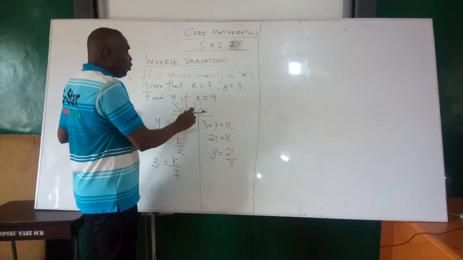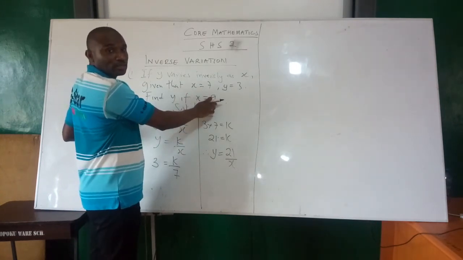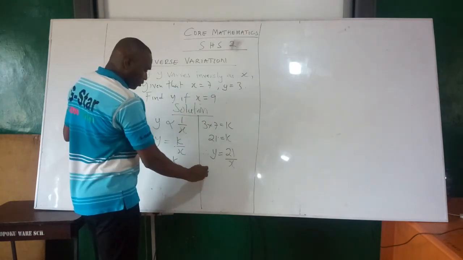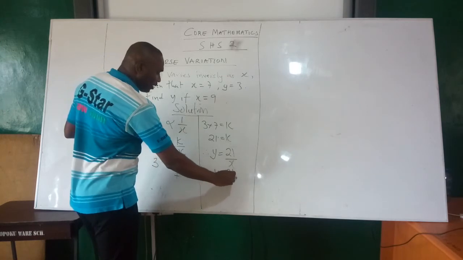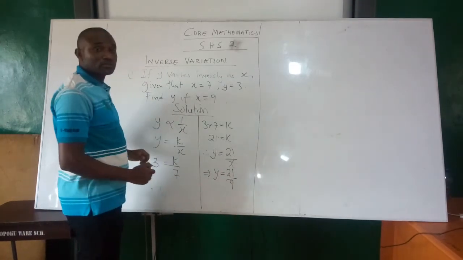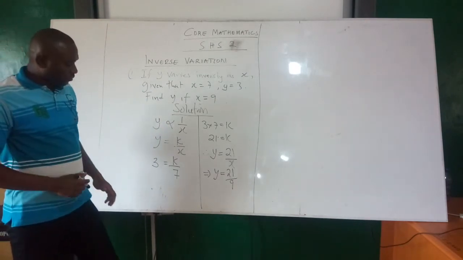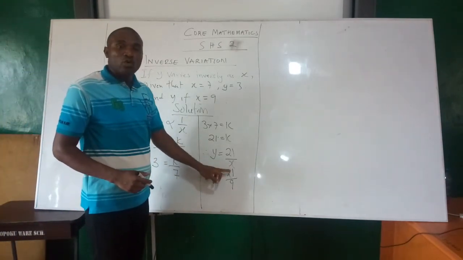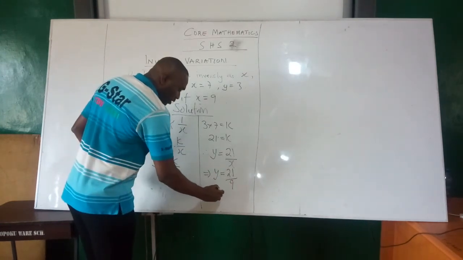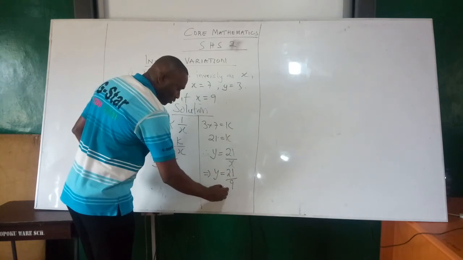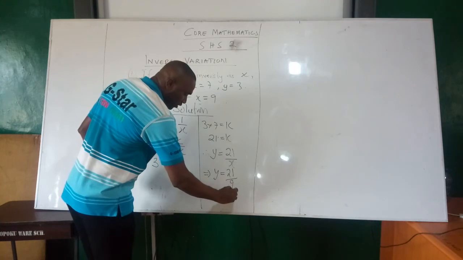So what we do is that wherever we see x, we substitute 9. So this implies we have y equals 21 on 9, because x equal to 9. When we simplify further, we get 2 whole number, 3.